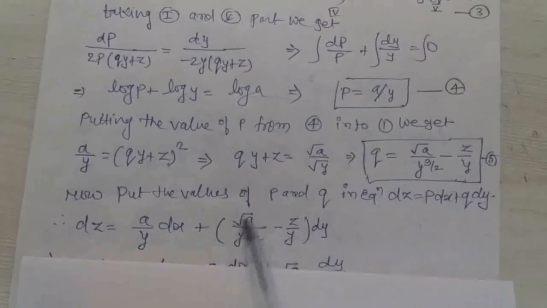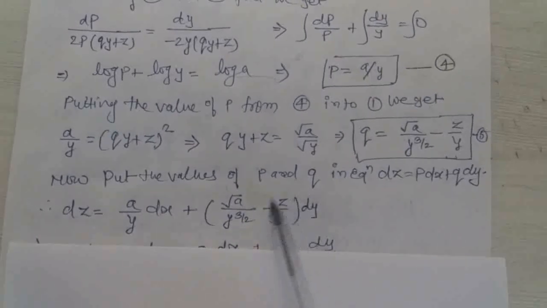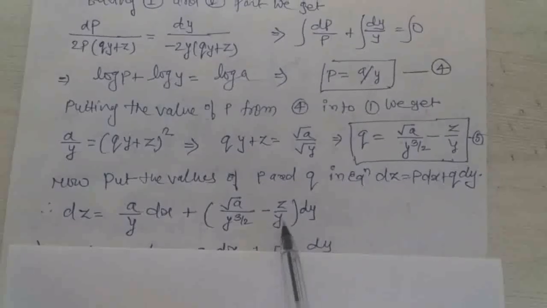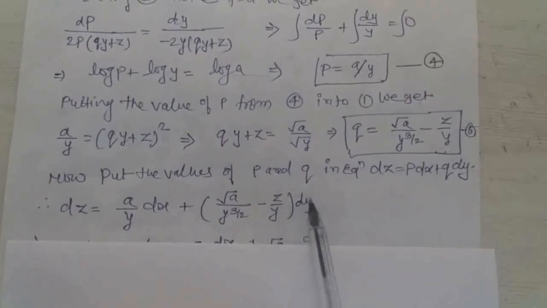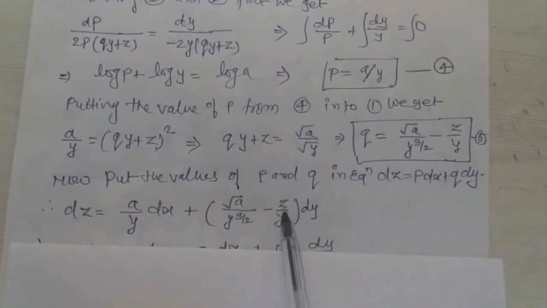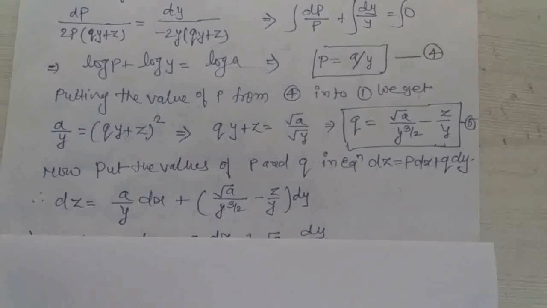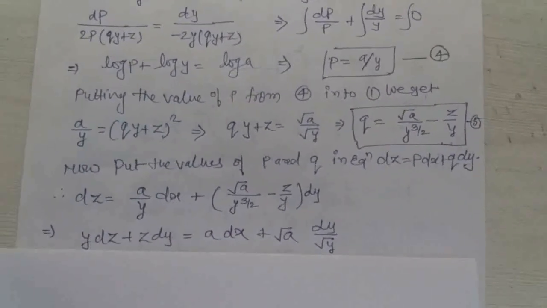In this term the variables are separate. And here dy is multiplied by z by y, so the parameter of integration is dy, and the variable also has z. So in these two terms the variables are not separated, so first we have to separate the variables.